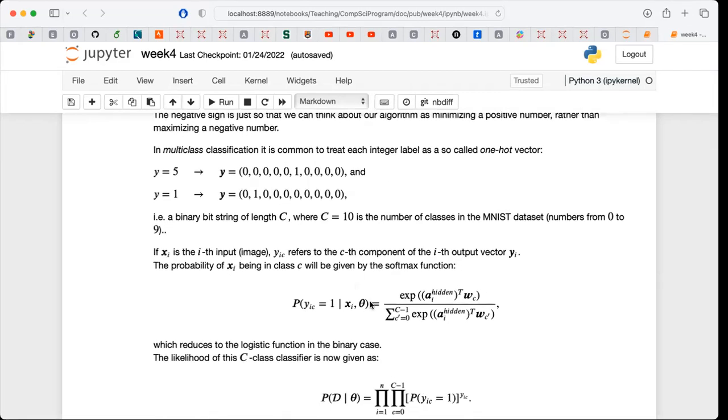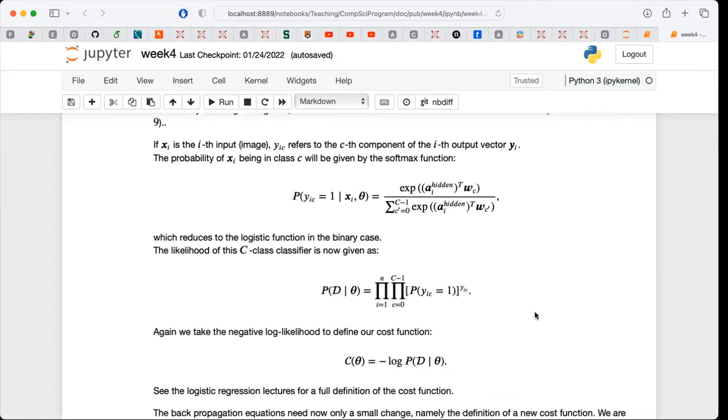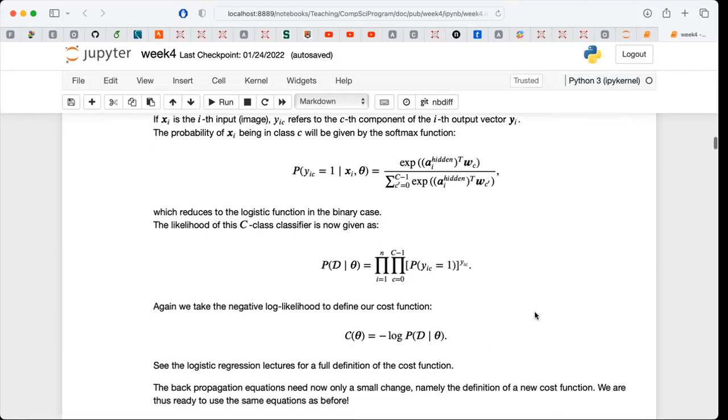And the typical function which is normally used then is the so-called softmax function. For those of you who have taken a course in, let's say, thermal physics or statistical physics, this is nothing but an adaptation of the standard Boltzmann function, which was used by Boltzmann to explain black body radiation. The likelihood for this one is then simply the product of all the data points you have multiplied with the classes which you have.